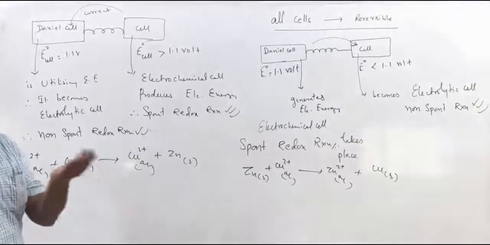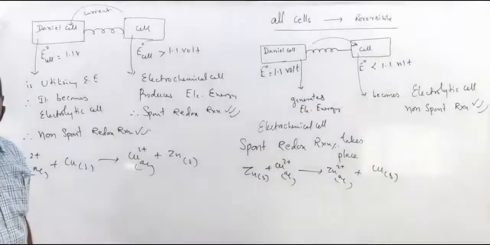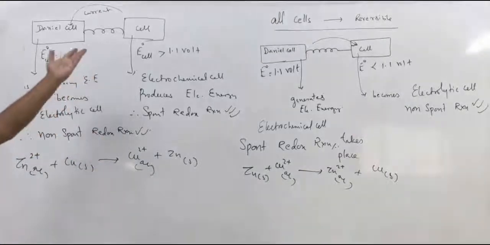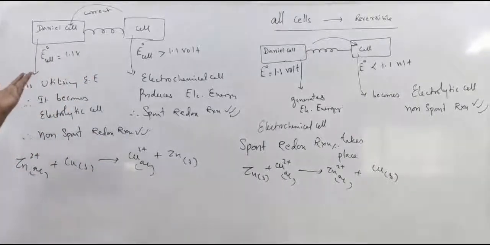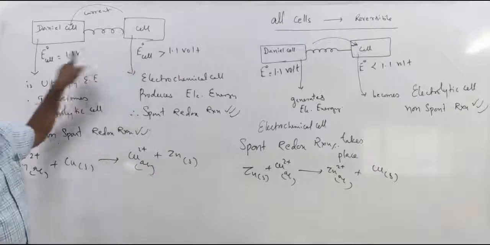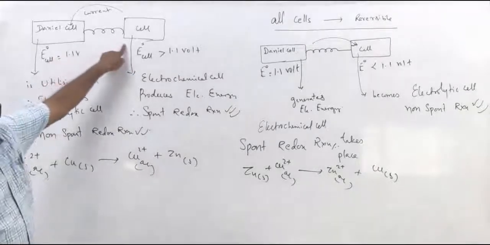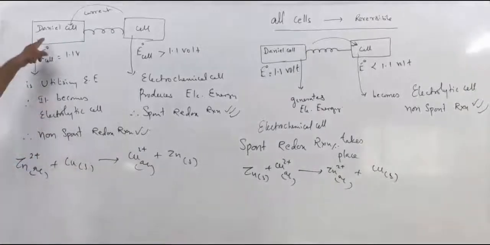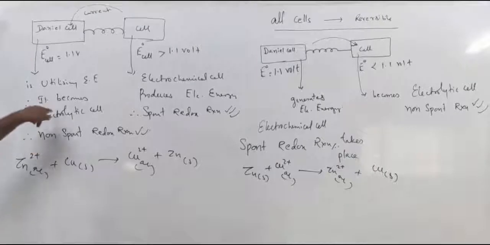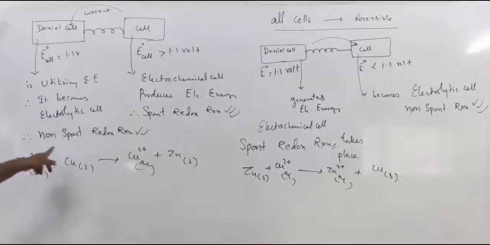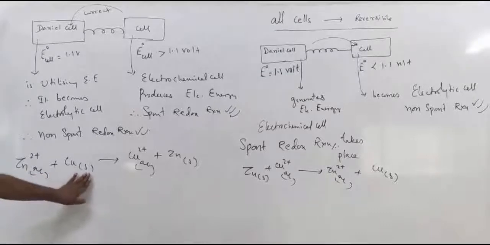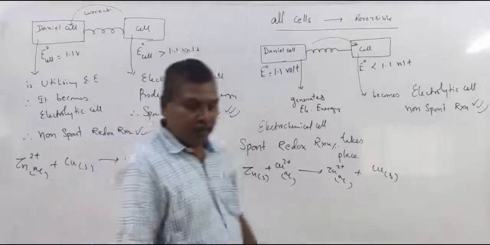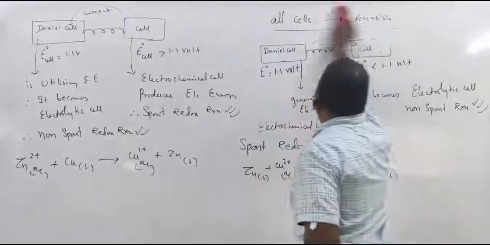Gaseous molecules move from high pressure region to low pressure region. Similarly, electricity flows from high potential to low potential. Therefore, it produces electrical energy, it utilizes electrical energy. If it utilizes electrical energy, then it becomes an electrolytic cell, and a non-spontaneous redox reaction takes place. So, this is the reaction that happened in this cell. Clear?